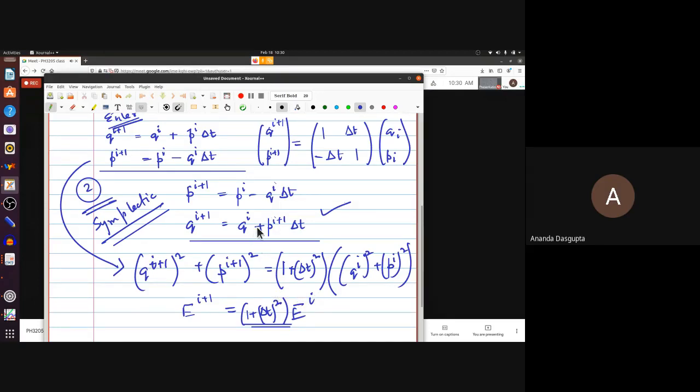Symplectic algorithms basically have this advantage that they preserve something called the symplectic structure of the canonical equations of motion. So have you been taught about that in your classical mechanics course? Yes? No? Maybe? Have you heard the name symplectic before? No. Okay, that's very possible.